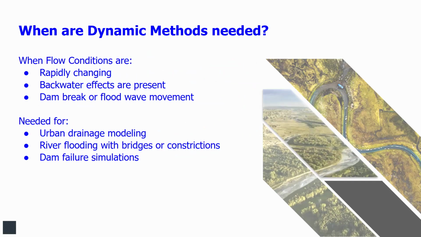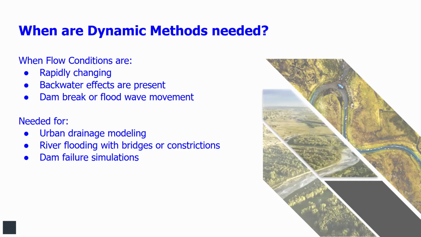In hydraulic routing, one method used is the dynamic method. These are the conditions considered in the dynamic method: when flow conditions are rapidly changing, backwater effects are present, dam break or flood wave movement.